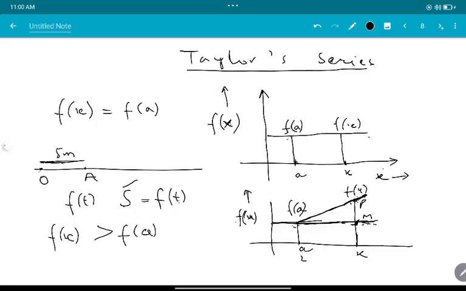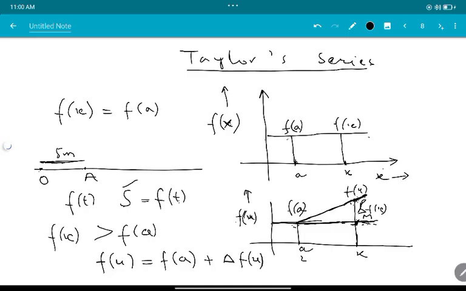Let me show it. Let me write f(x) is equal to f(a) plus the change in f(x). This change is delta f(x). Now, how much is the change in f(x)?